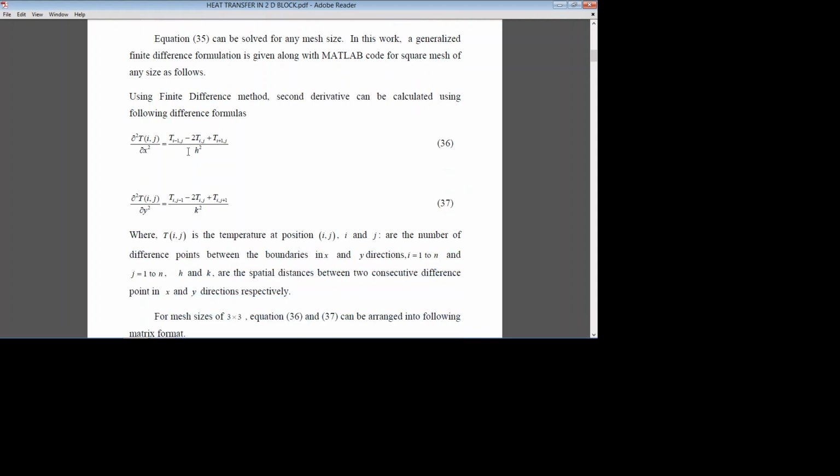The finite difference formulation using the central difference formula for the second derivative of temperature is given by T(i-1) minus 2T(i) plus T(i+1) upon h square, where h is the step size.